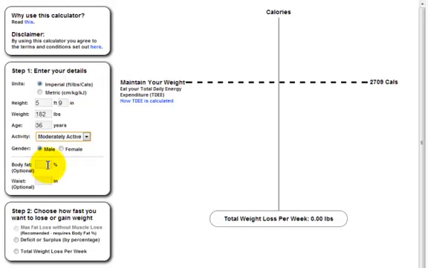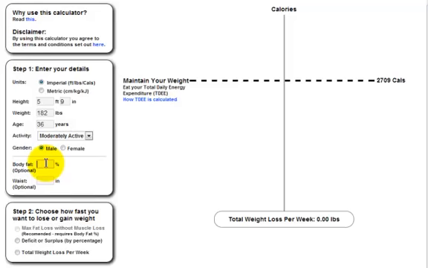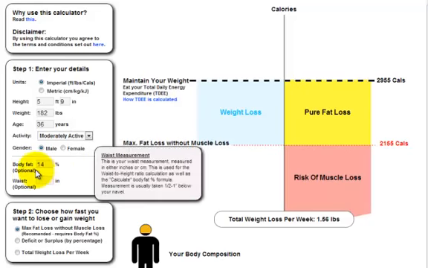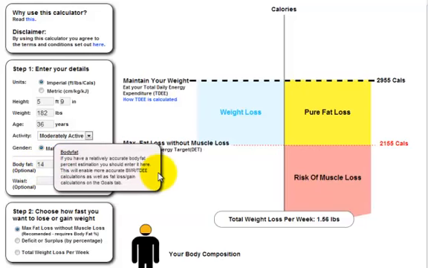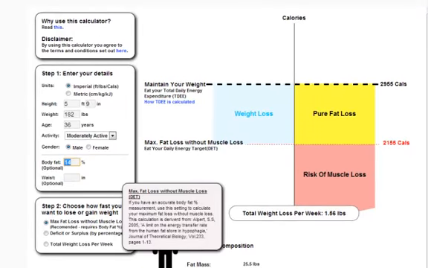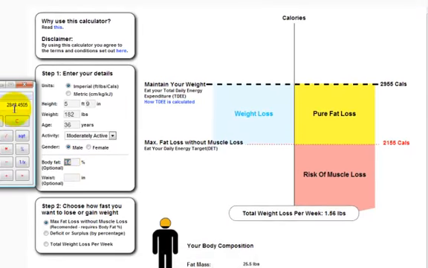I'm male, and I'm going to put a body fat percentage in there. Now obviously my body fat percentage is not 14%, because I would have to take in 2,955 calories to maintain that. So I need to adjust this number until I come up with 2848 or close to that.